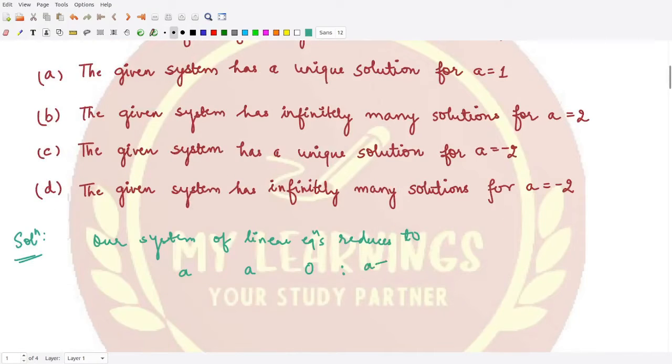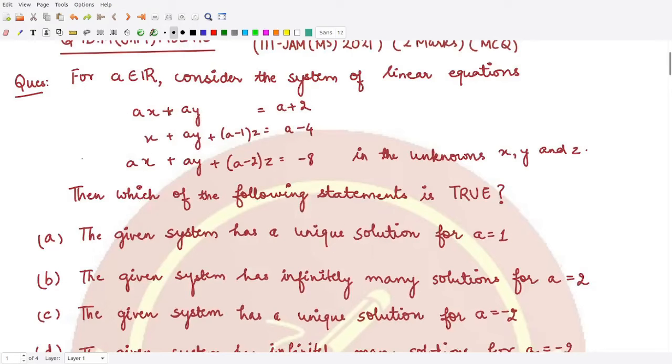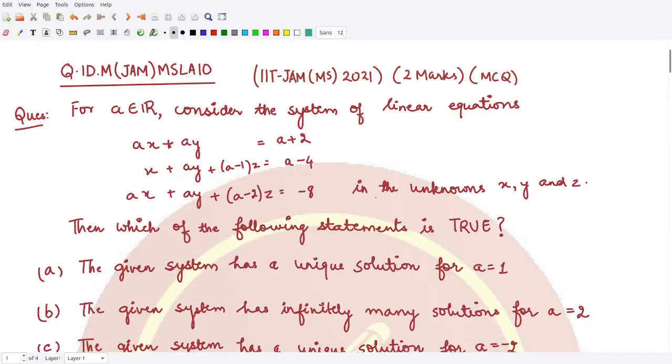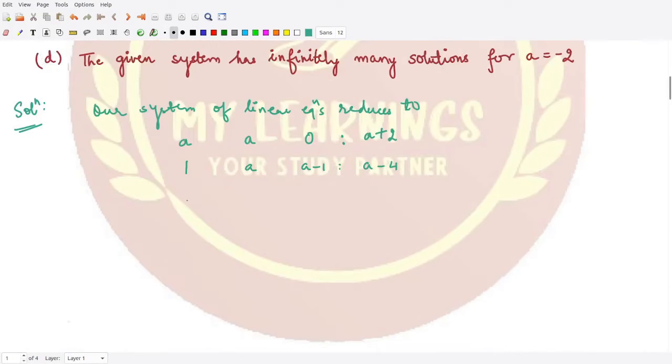Basically we are writing the coefficients here, and the right hand side is written after the colon. The next row is 1, a, a minus 1 and a minus 4, and the last one is a, a, a minus 2 and minus 8.